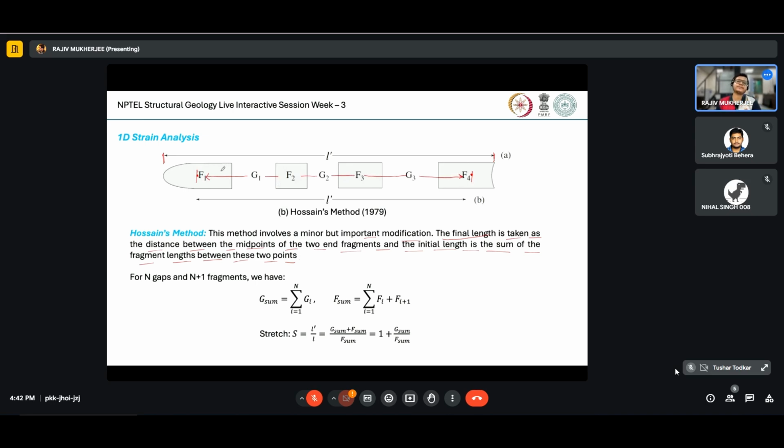Now then, how many fragments are we considering? This is half of a fragment, this is one, this is two, and this is another half of a fragment, right? So altogether we are considering three fragments and three gaps.